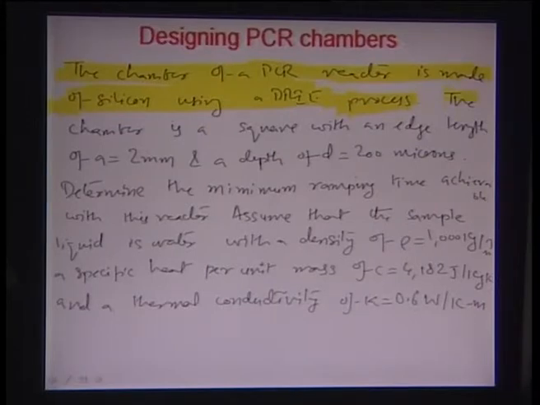The chamber is a square with an edge length of about 2 millimeters, and there is a depth of D equal to 200 microns. So, you have a square of 2 mm by 2 mm and a depth of about 200 microns. The chamber is pretty much large in the length aspect and really micro in the depth aspect.